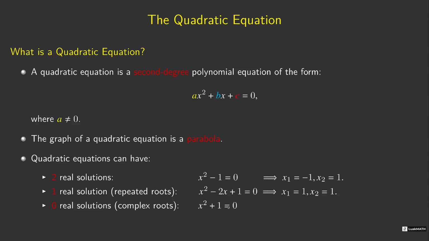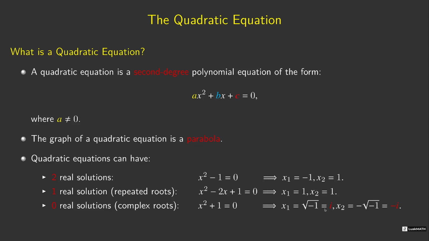You can solve it by moving the 1 to the right-hand side, and because it's a plus, when you take it to the right-hand side you gain a minus sign. So basically you're solving for x squared equals minus 1. For you to find what x is, you can take the square root on both sides, which is what I do here. So x1 equals the square root of minus 1, and x2 equals minus the square root of minus 1.